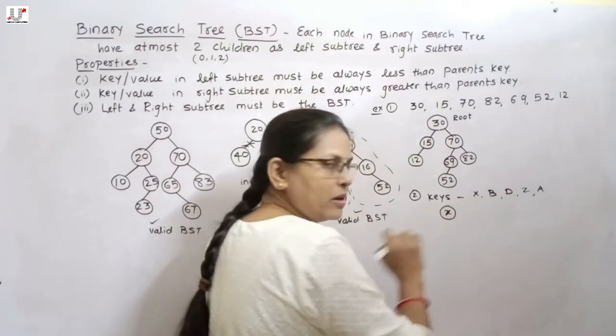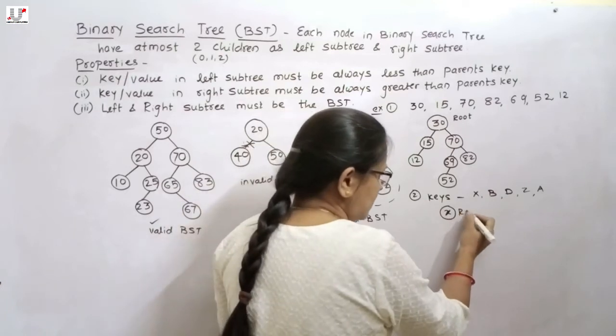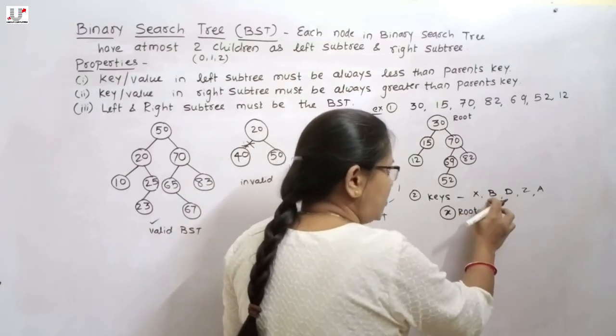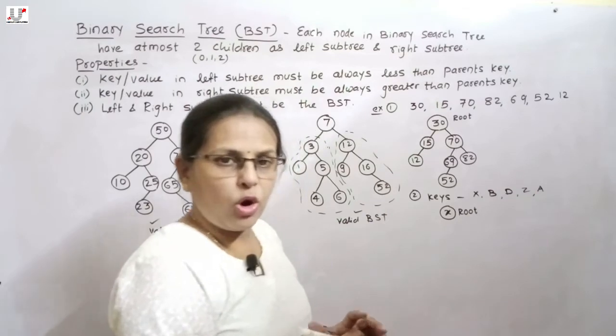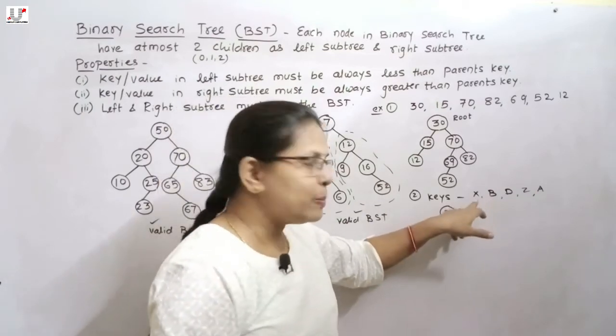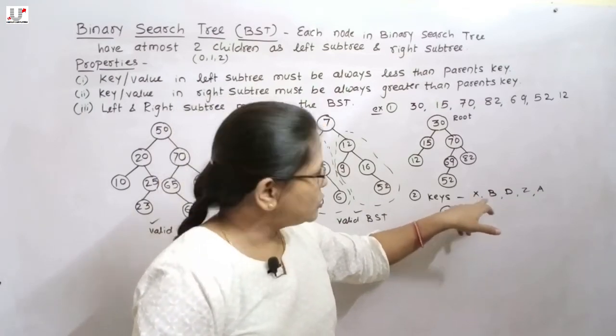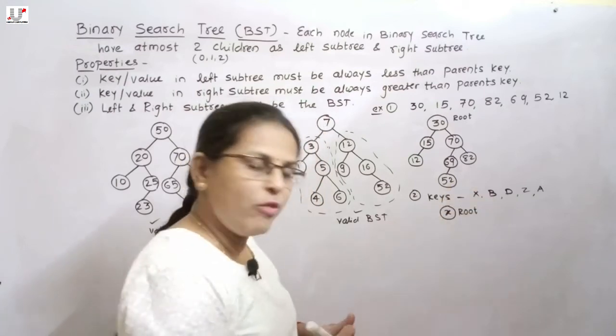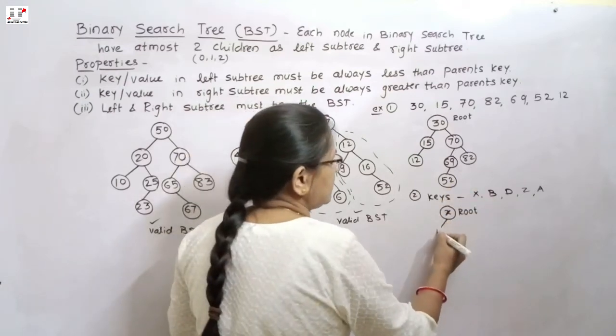So here the root is X. Then B. In alphabetical order, B lies before X, so B gets added as the left child of X.